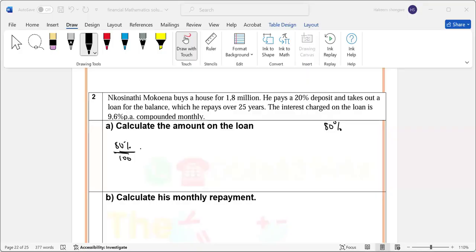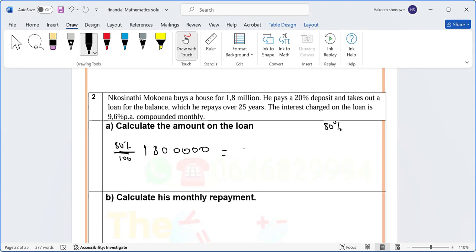If we're paying 20%, what remains as the balance is 80%. And then if you type this in, this is going to be the balance.